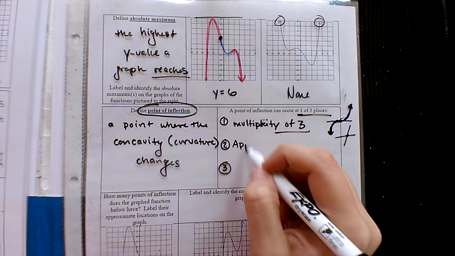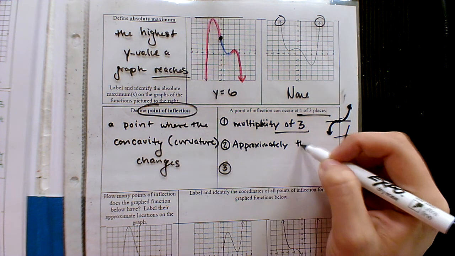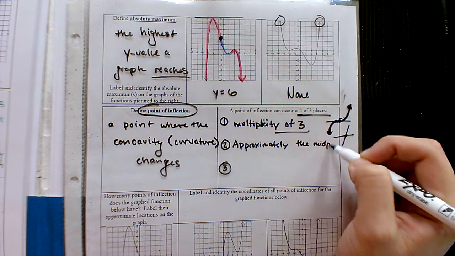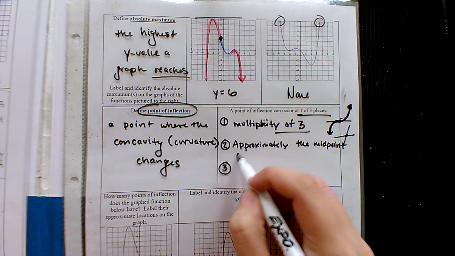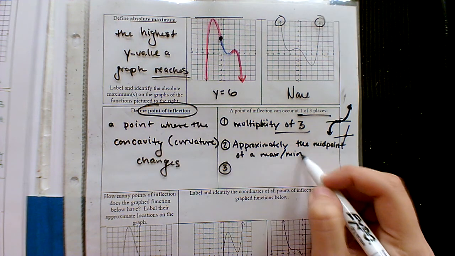Another point is approximately the midpoint of a max and min.